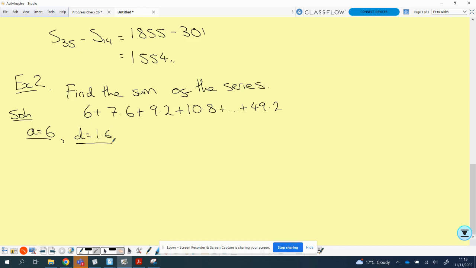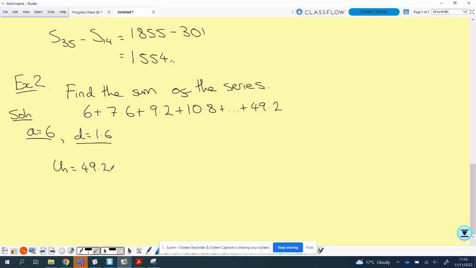Now I want to do the sum of all these numbers. That's my first term, but I need to know how many terms are in this sequence. So I need to know what term that 49.2 was. I need to use what we looked at in the previous video. I need to know that U of n equals 49.2. That's my last number, the last term.